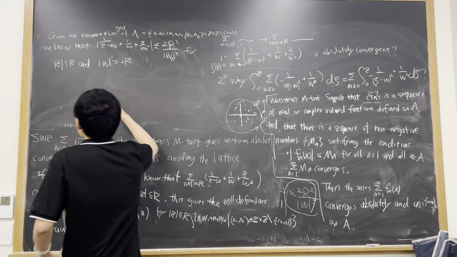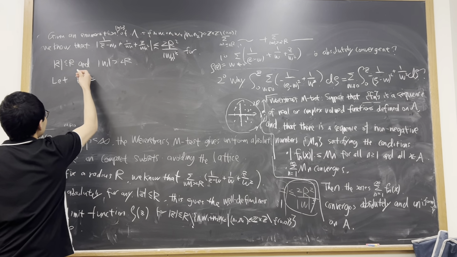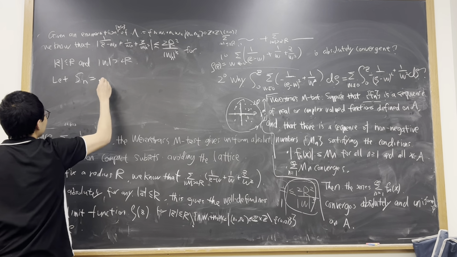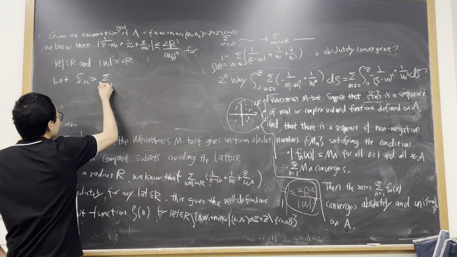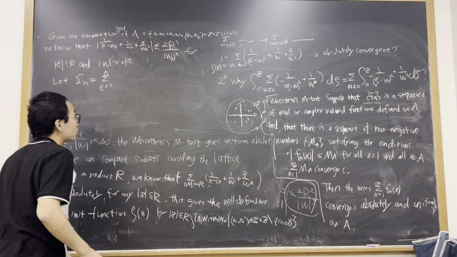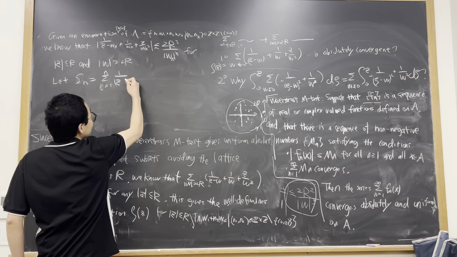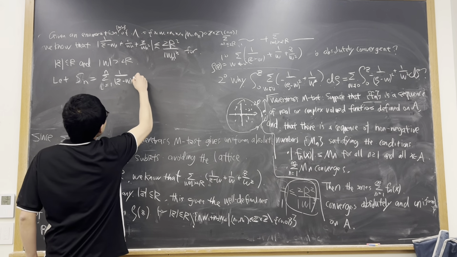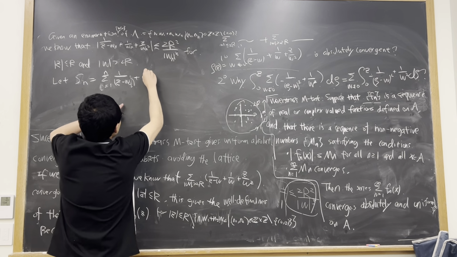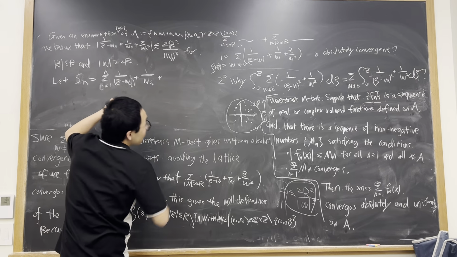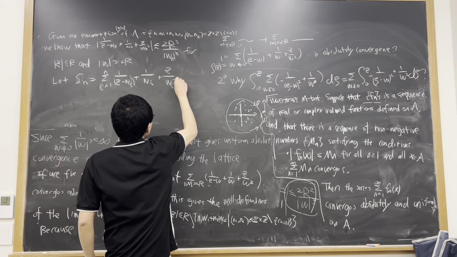So therefore, what we do is we let capital F_n, so maybe I'll just use S_n, be the nth partial sum, maybe I'll use letter i, be the partial sums of 1 over z minus omega_i, sorry, it should be omega_i, and then plus 1 over omega_i plus z over omega_i squared.